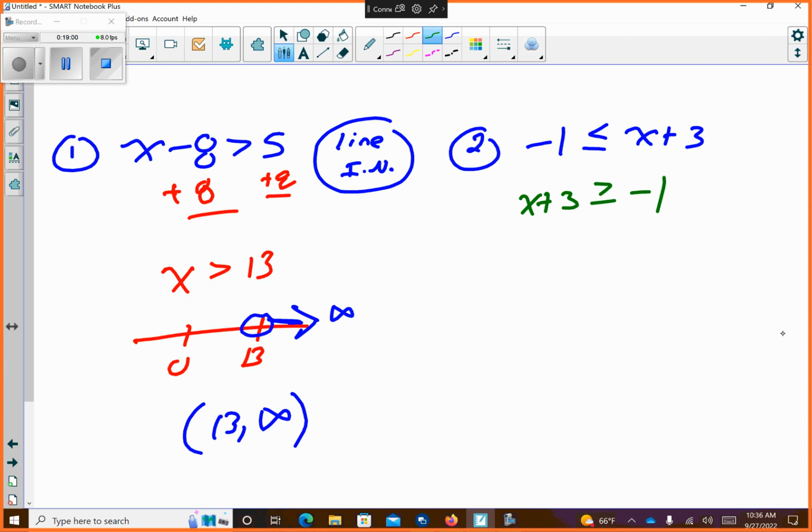Really close. It's negative 4, right? You have like negative 40. Yes. All right.